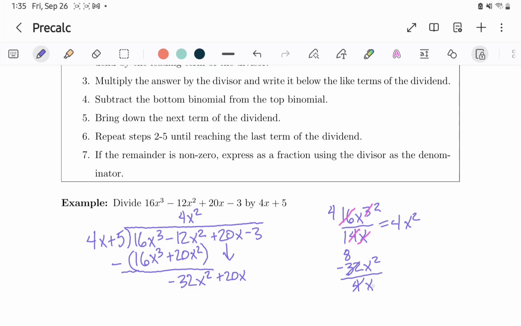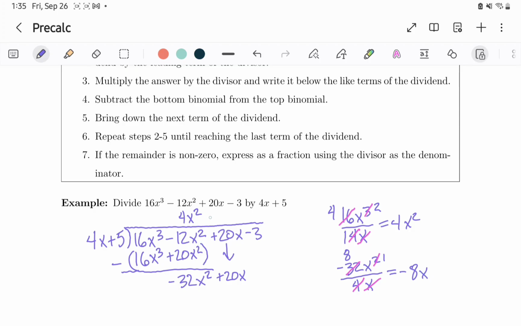So we'll have an 8 still up here, and then that 4 is going to get canceled out. And then we can cancel the x in the denominator with one of the two factors of x in the numerator, since we have x squared up there. So we end up with minus 8x.